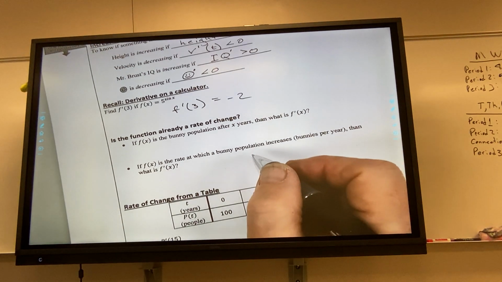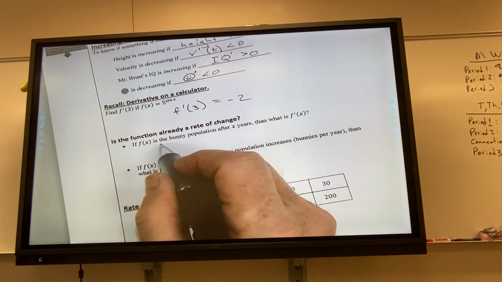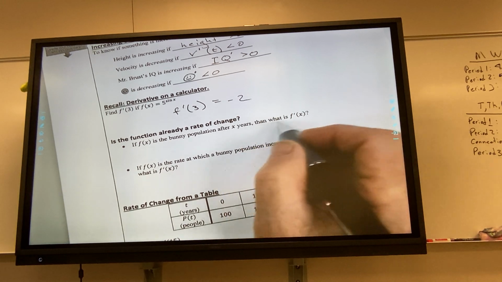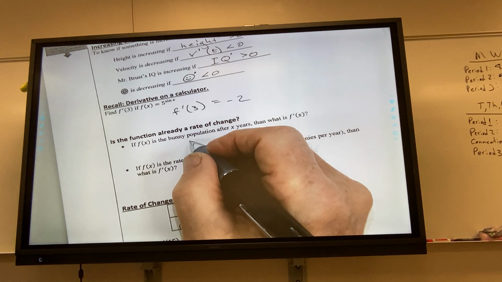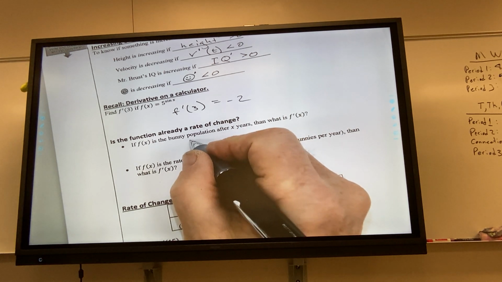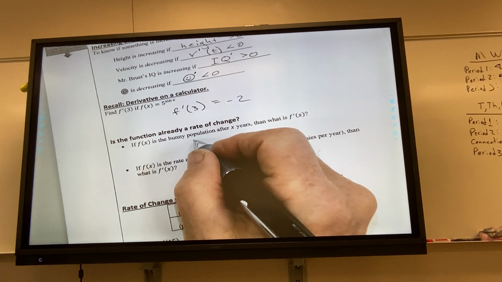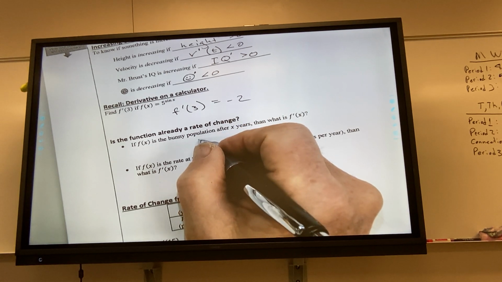All right, it says, is the function already a rate of change? If f of x is the bunny population after x years, what is f prime of x? The rate of change of the bunny population during a specific amount of years.